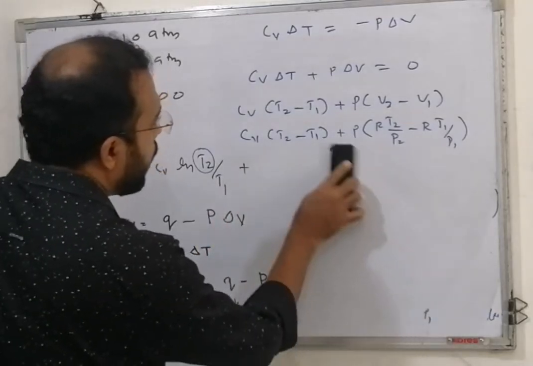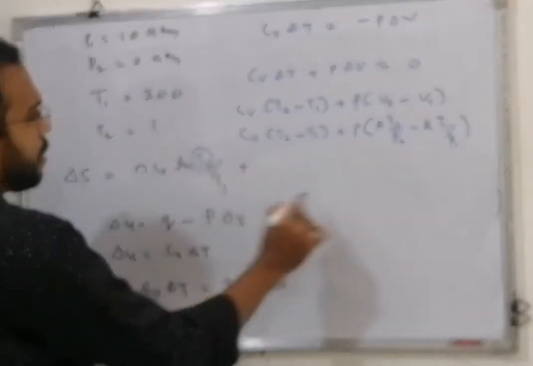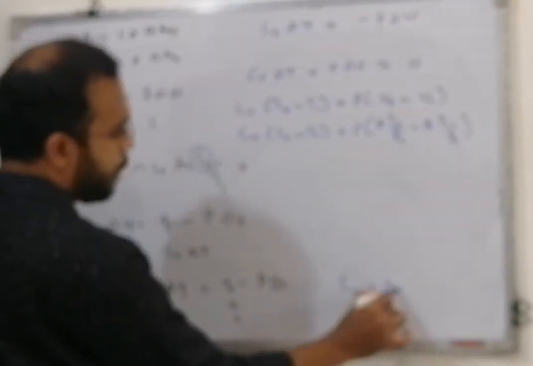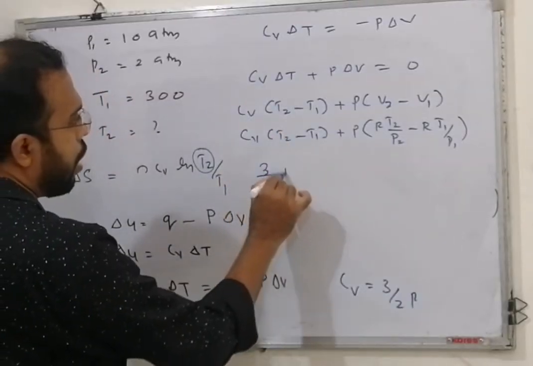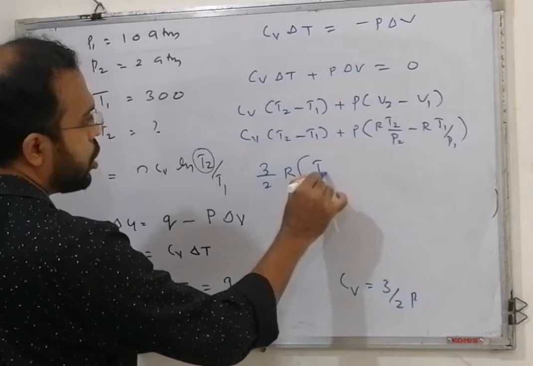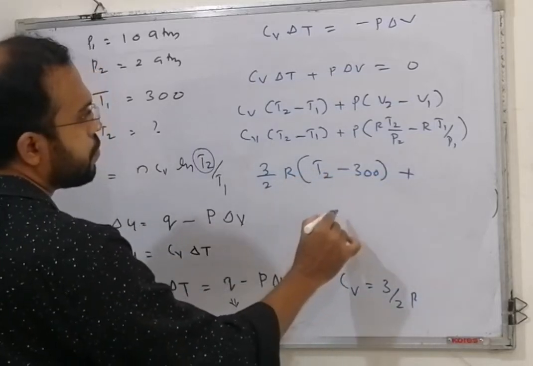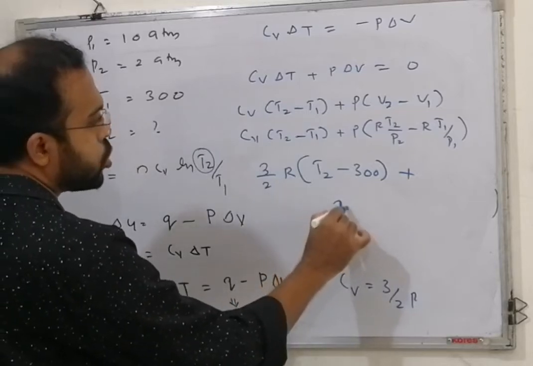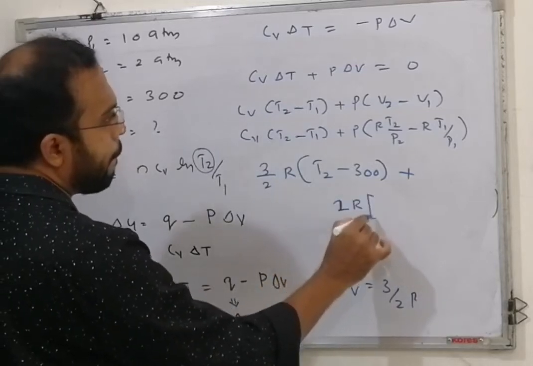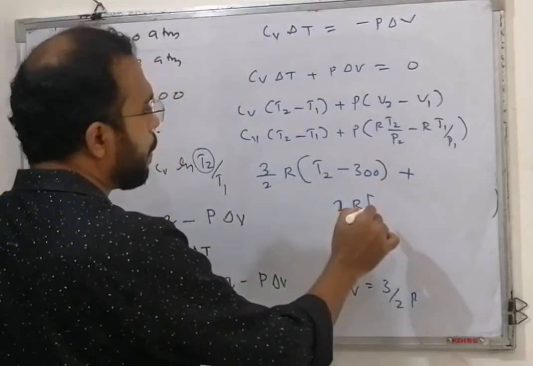Now our aim is, for an ideal gas, monatomic, CV is given as 3 by 2 R. Therefore, we write 3 by 2 R into T2 minus 300 plus P external pressure, that is 2, into R T2 divided by P2, which is 2, minus R into 300 divided by 10. This P is external pressure, okay?